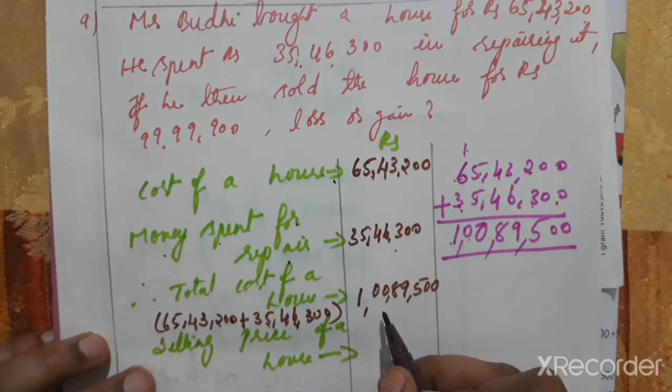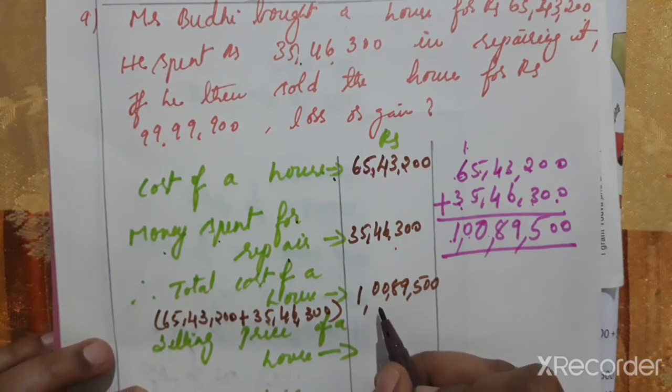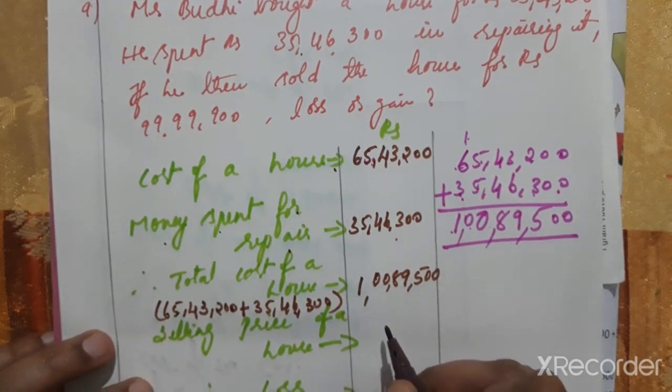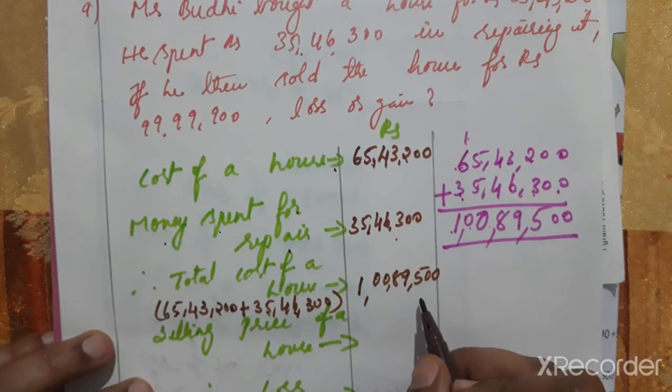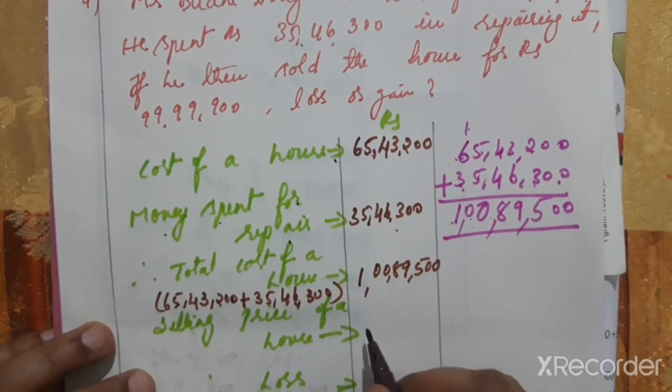Sorry, 1 crore 89,500. The cost of the house is 1 crore 89,500.